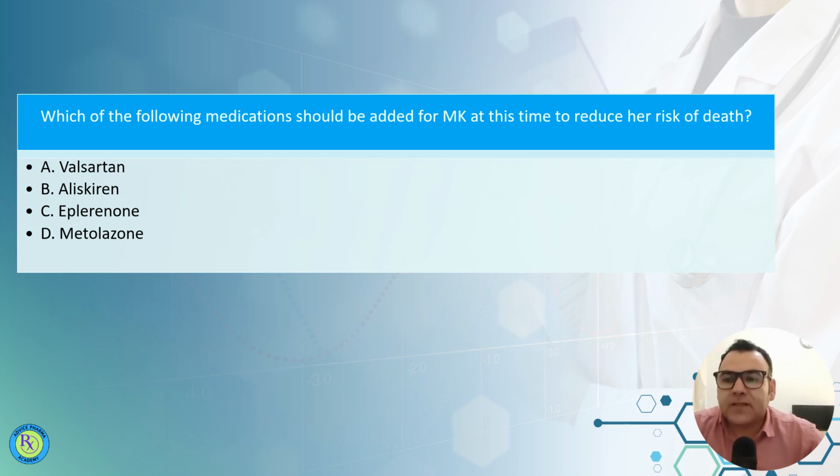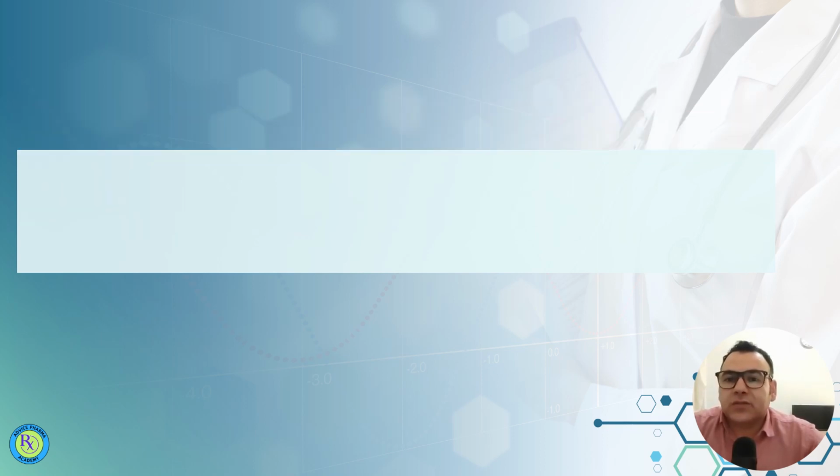So this patient's renal function is normal, potassium is normal, he is on an ACE inhibitor and beta blocker, and he has heart failure with reduced ejection fraction. So what is missing now that will help reduce his mortality? Of course, it will be eplerenone, which is the aldosterone antagonist.